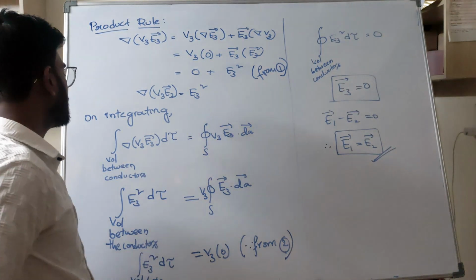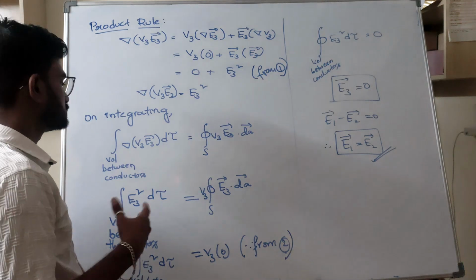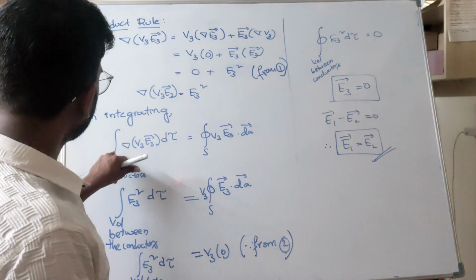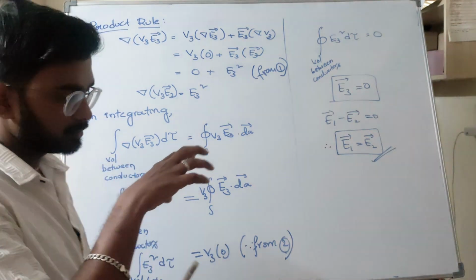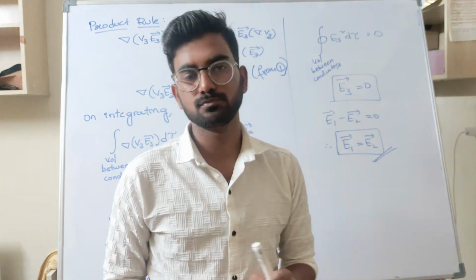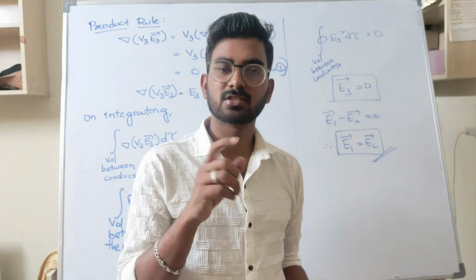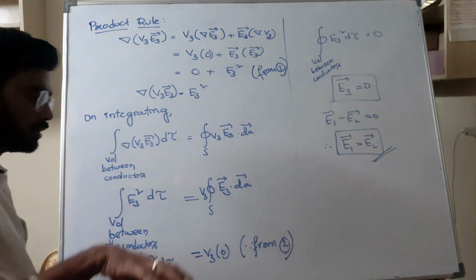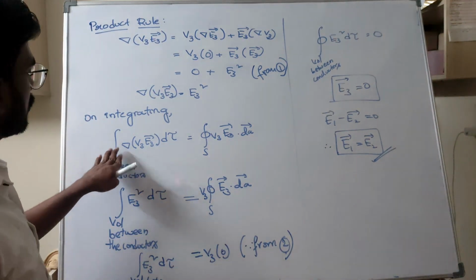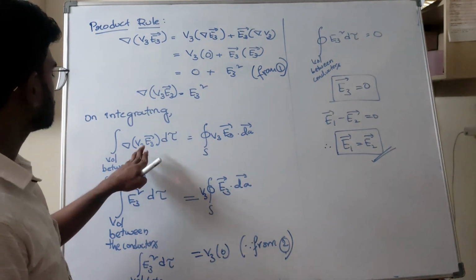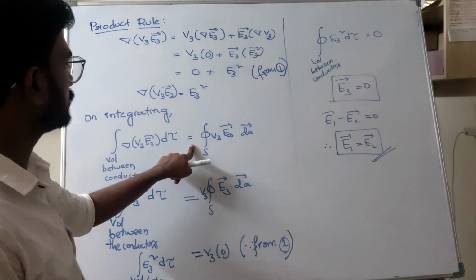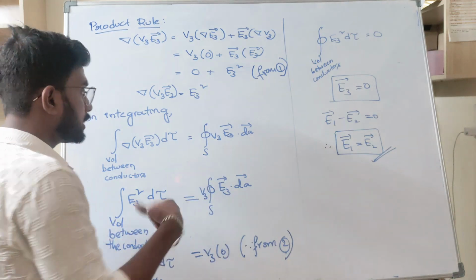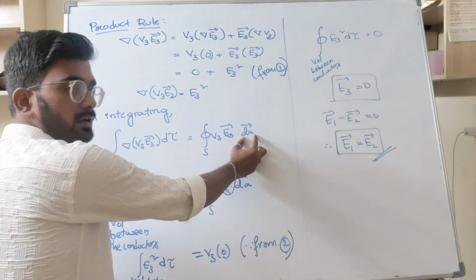Now I am integrating on both sides, meaning I am using the divergence theorem. Between the conductors there is a complete volume filled with charge density rho, so I integrate over the whole volume. Del V3 E3 bar d tau is equal to the surface integral, by the divergence theorem: volume integral equals surface integral with dA bar.